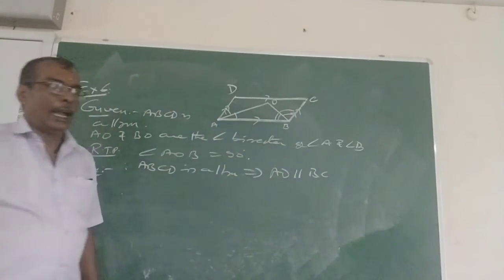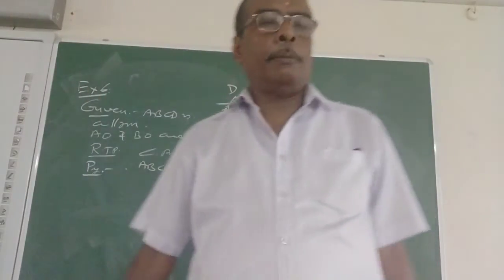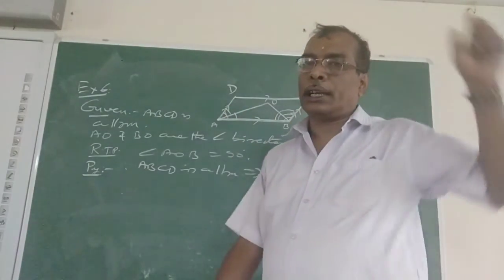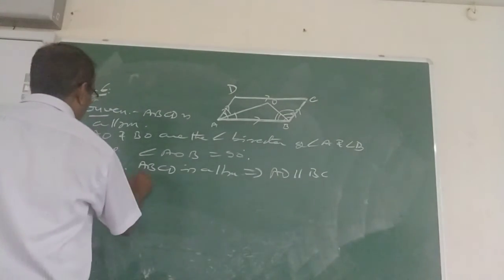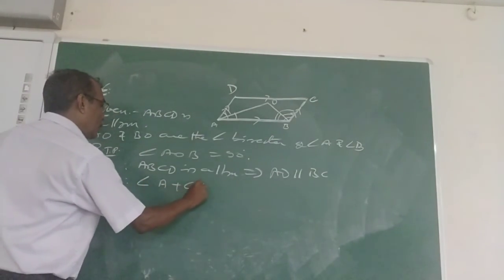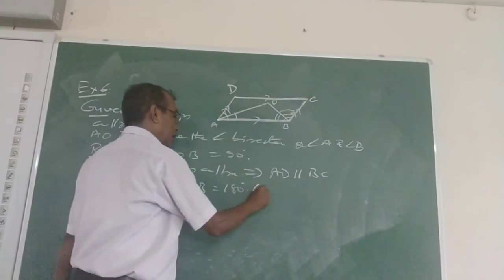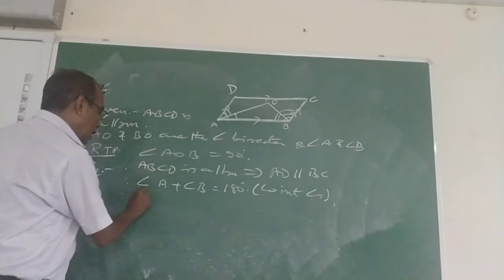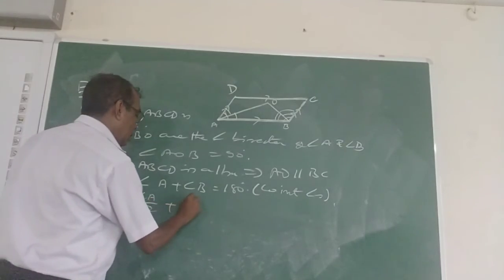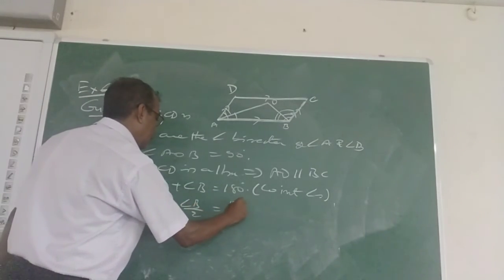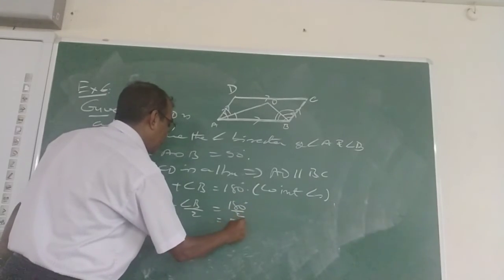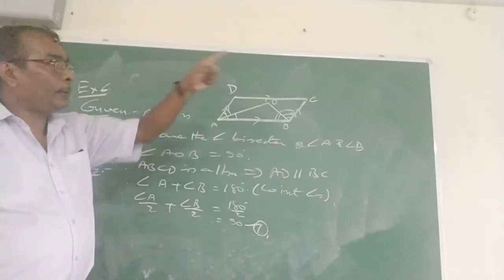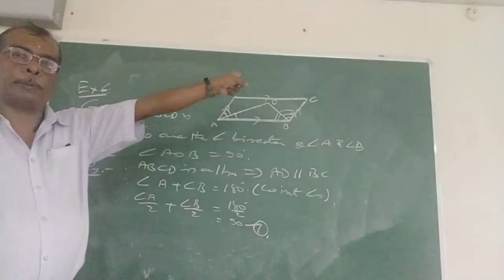These two lines are parallel, and by the rule of parallel lines, the sum of co-interior angles is always 180 degrees. Therefore, angle A plus angle B is equal to 180 degrees. Dividing by 2, angle A by 2 plus angle B by 2 is equal to 180 by 2, which is 90 degrees. Consider this as equation 1.